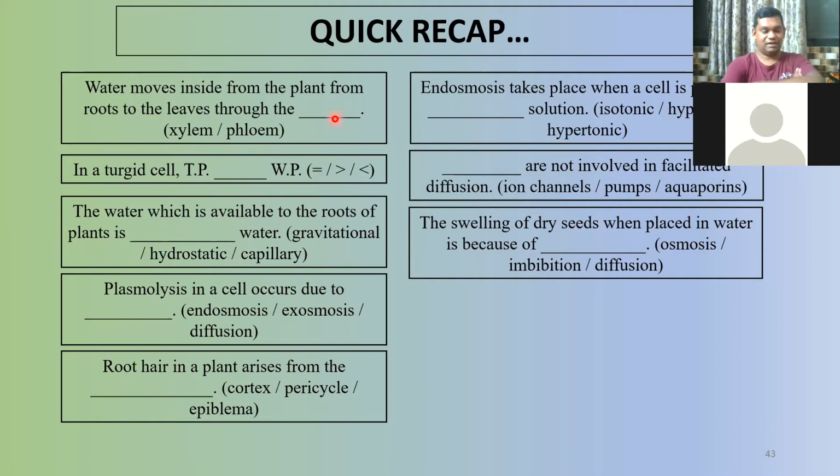The water which is available to the roots for absorption. You told me this earlier. Gravitational, hydrostatic or capillary. Come on, quick. Yes, this is capillary. So simple. Very good. Capillary.